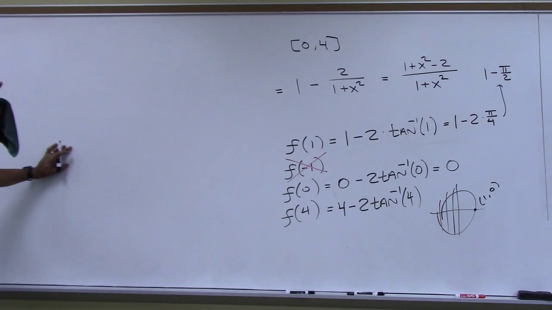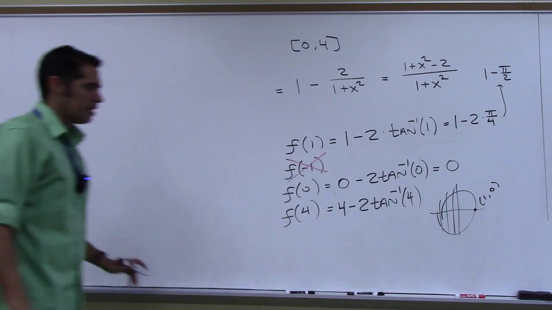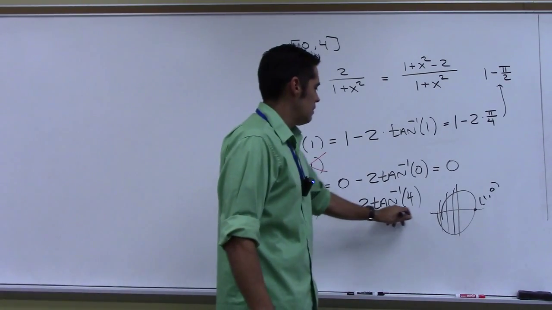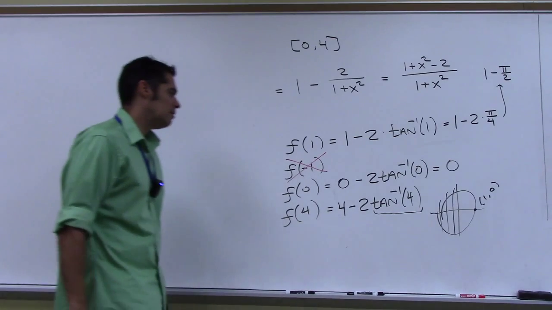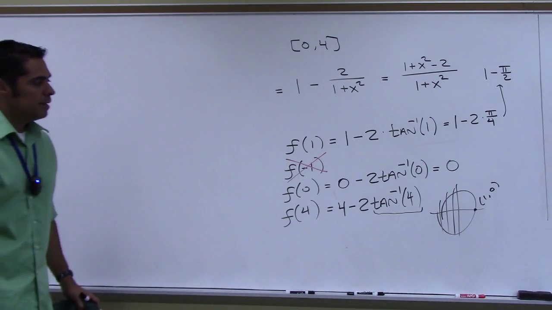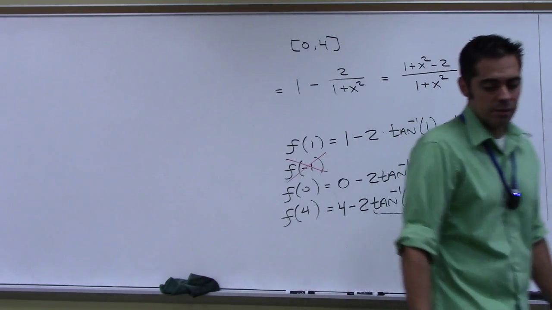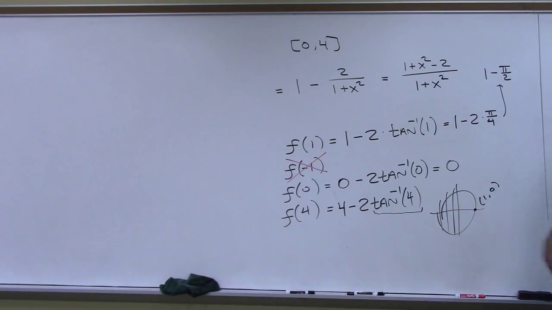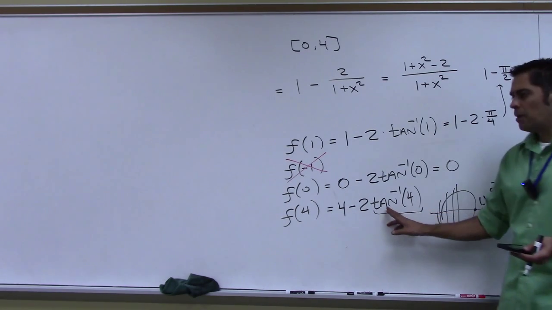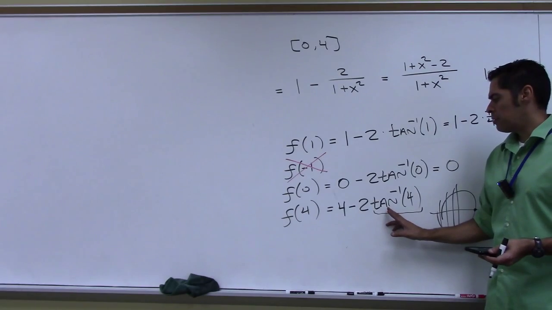What does it look like it is? Well, it's not a nice number. At 4, it looks like we're at like 1 point something. So at this point, I would just get the calculator out. Make sure you're in radian mode, because it's going to spit back an angle to you, and you don't want that angle in degrees, you want it in radians.